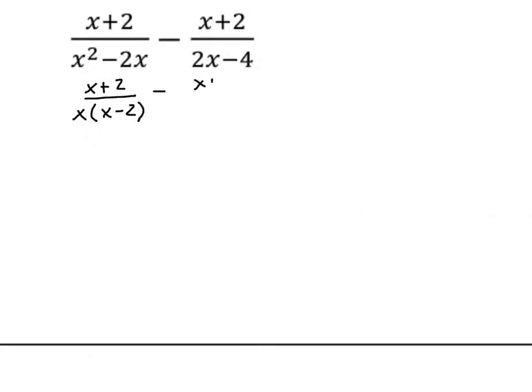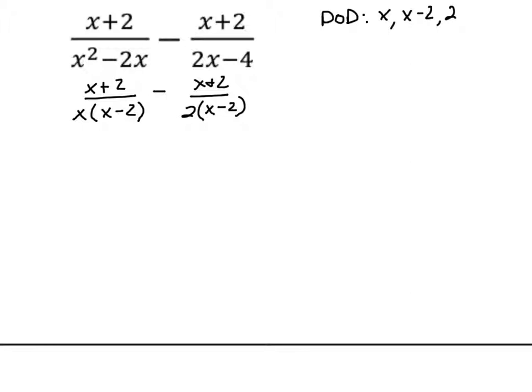Minus an x plus 2 on top, and I can take out a 2 on the bottom and be left with an x minus 2. So the parts of the denominator are an x, an x minus 2, and a 2. Those three things are the parts of the denominator.